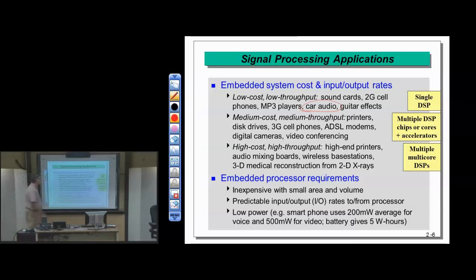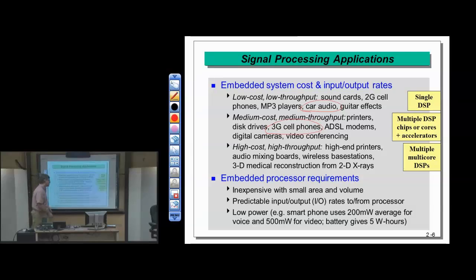Okay, the next one up is medium cost, medium throughput. These would be, not quite the 4G today, but 3G, DSL modems, video conferencing. So it's a little bit more. These are higher power consumption processors, and more than one.